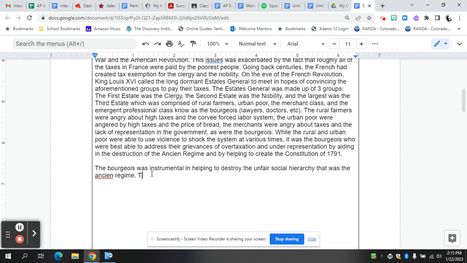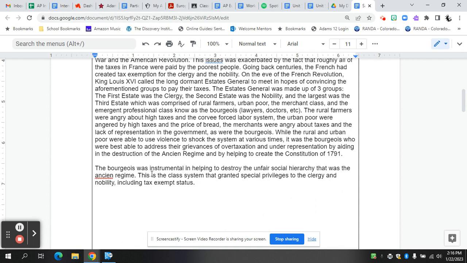This is the class system that granted special privilege to the clergy. We'll go clergy first. Clergy and nobility, including tax exempt status. Hey, I'm going to drop that in there because that was part of my arguments and my identification from above. Now, I've got my topic sentence set up.